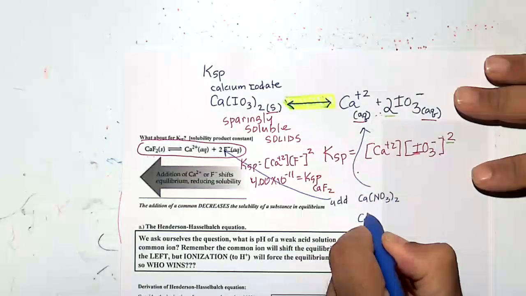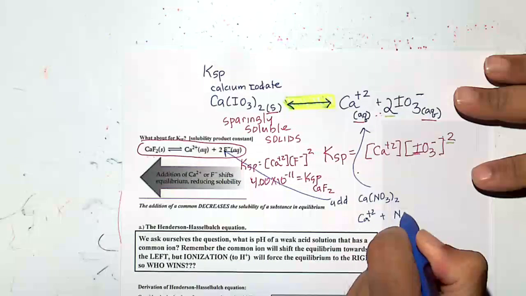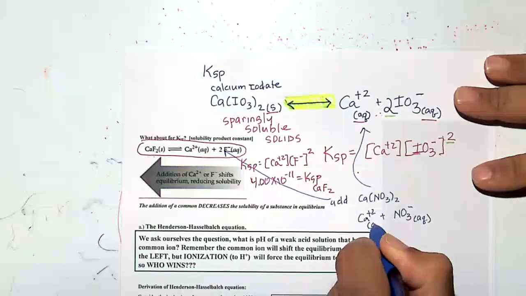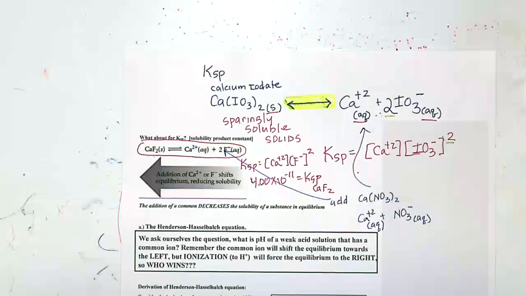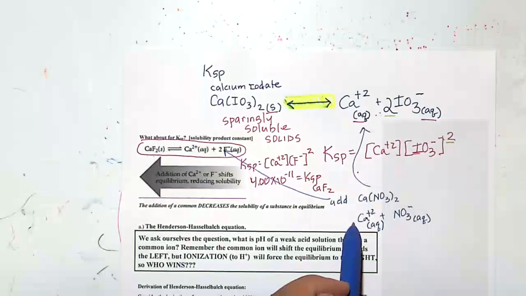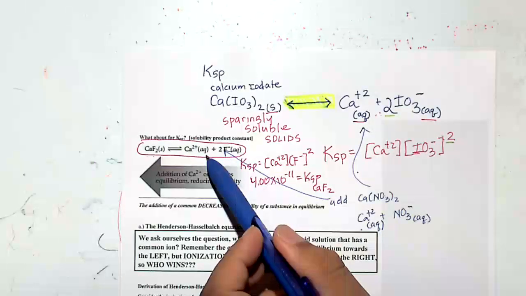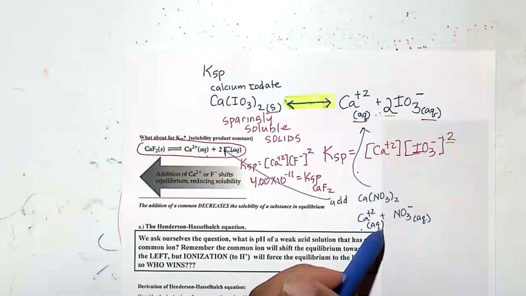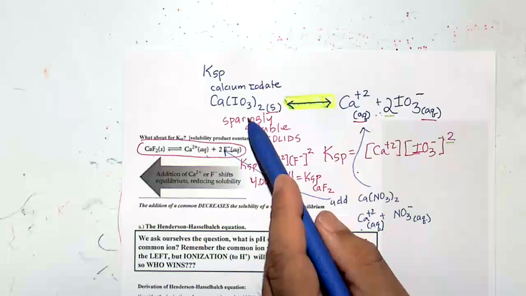Remember, calcium nitrate is calcium ion plus nitrate ion, because they dissolve in water and break up into the ions. So what happens if I add a little bit of calcium nitrate to this calcium fluoride? What happens if I add a little bit of calcium nitrate to this calcium iodate?